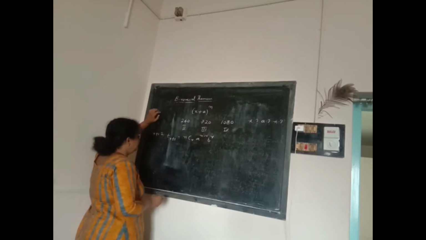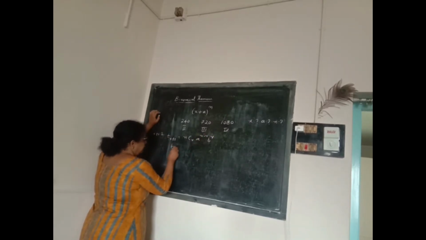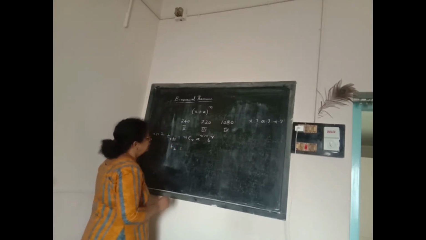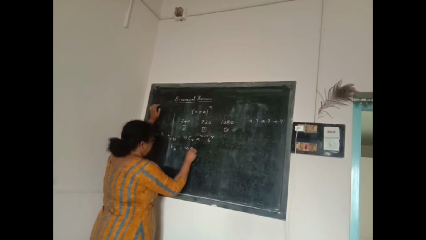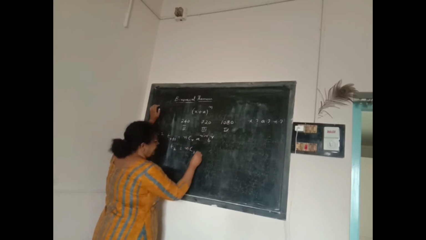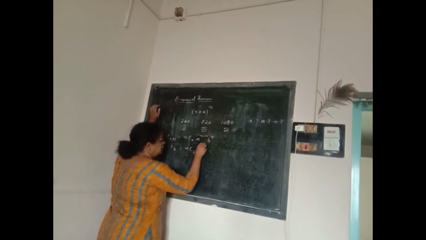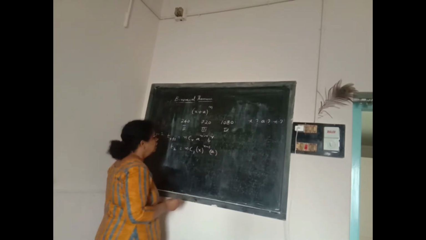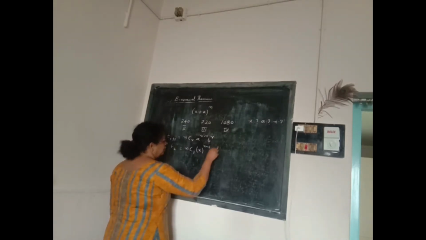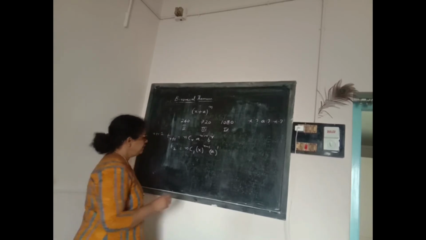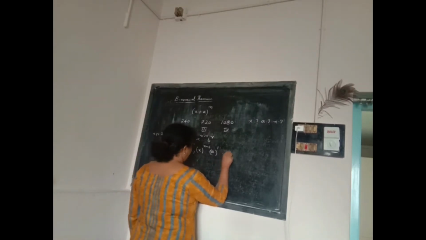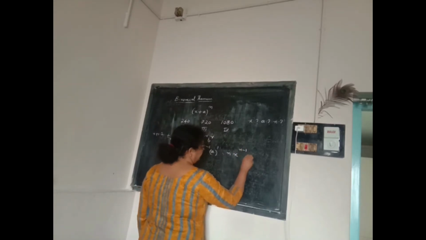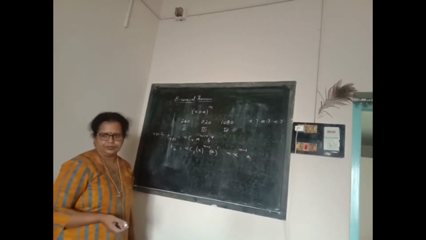Second term means r is 1. Substitute: nC1, a is x, x raised to n minus 1, b is a raised to r. What is r? 1. So we get n x raised to n minus 1 a. This is the second term.